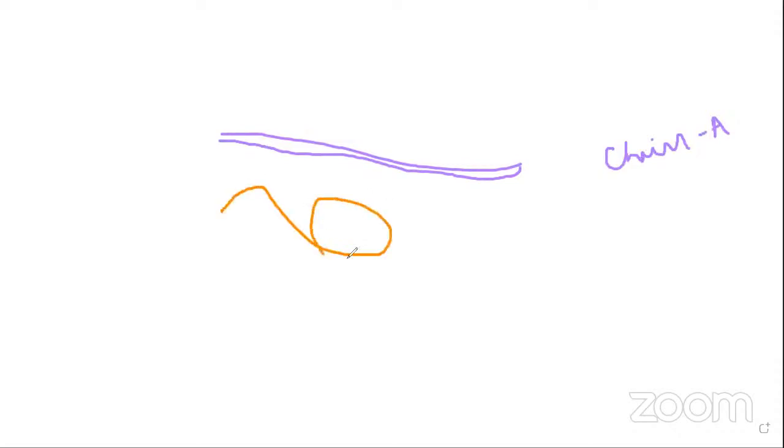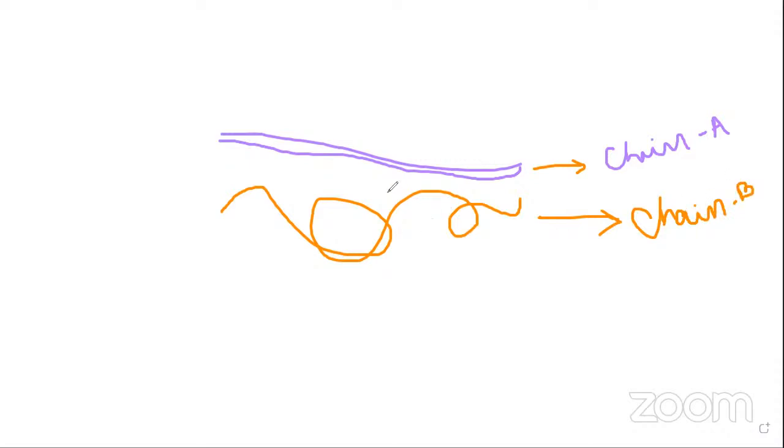So this one is called chain A, and this one is called chain B. In between, this is another part.